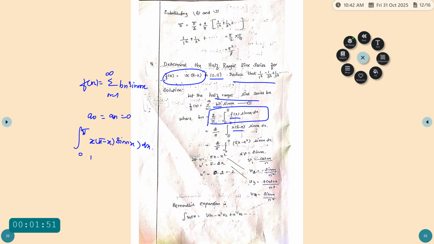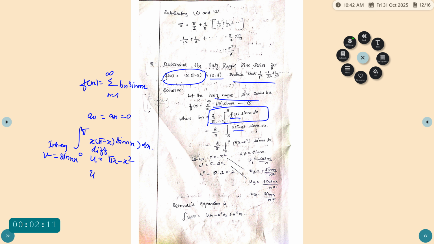We can take u as pi x minus x square and v as sin nx. Already I told you all the u's are differentiated and all the v's are taken as integrated values.